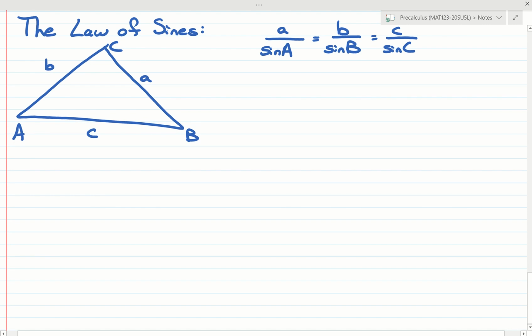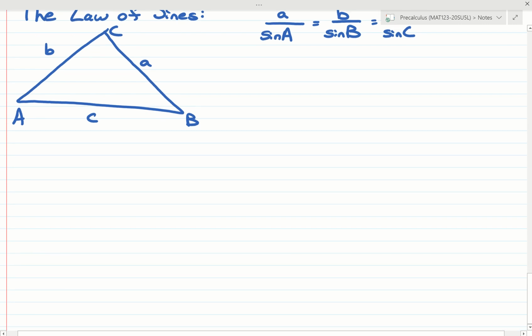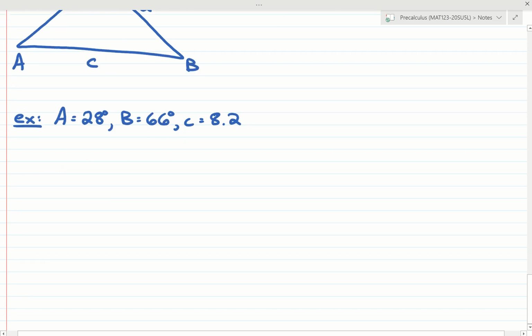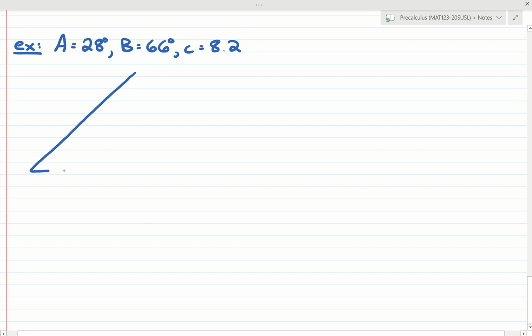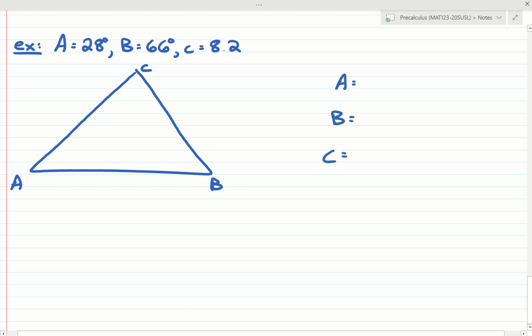So let's take a look at an example. Let's take a look maybe if we have two angles and one side. What if we knew that angle A was 28 degrees, angle B was 66 degrees, and side c was 8.2. We'll set this up just like when we were solving right triangles. I'll draw my triangle, ABC, and I'm going to set it up so I know exactly what I need to find.